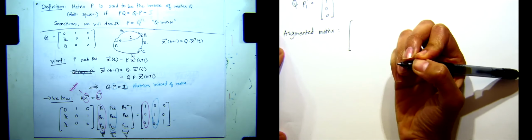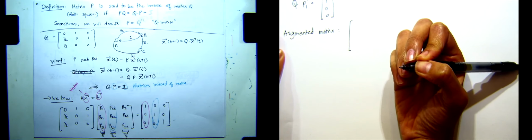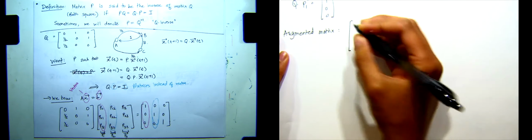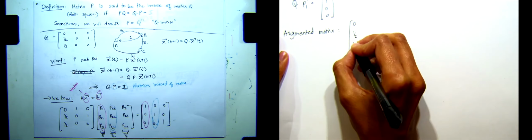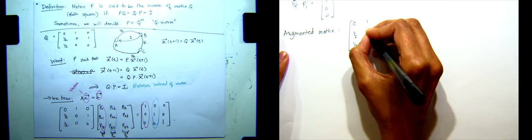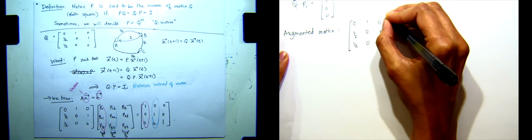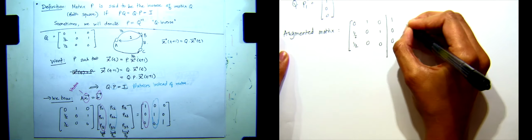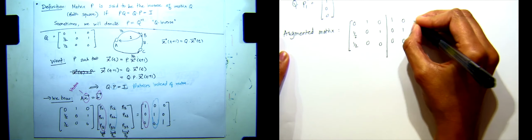And how many columns is my augmented matrix going to have? 6. So first 3 columns are going to be the columns of Q. Then I'm going to draw my line, and then I'm going to write 1, 0, 0, 0, 1, 0, 0, 0, 1.